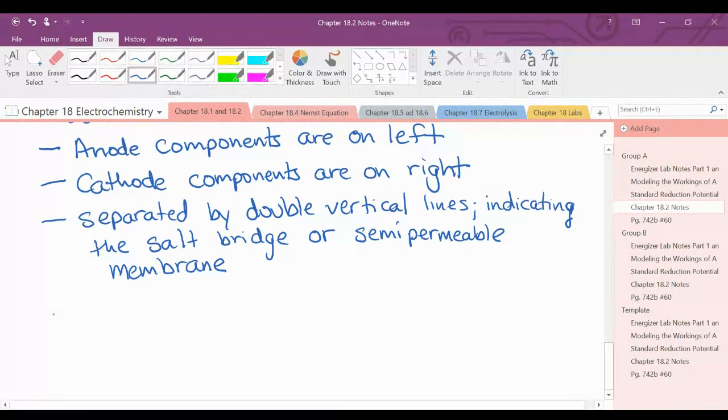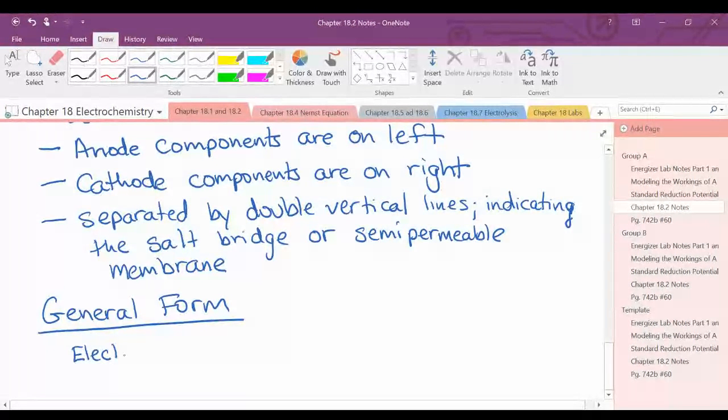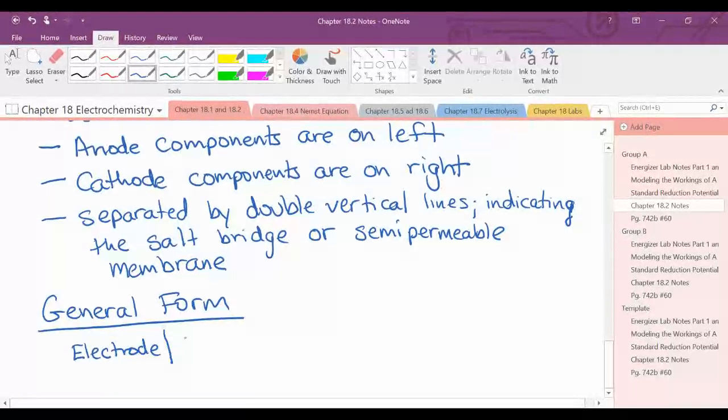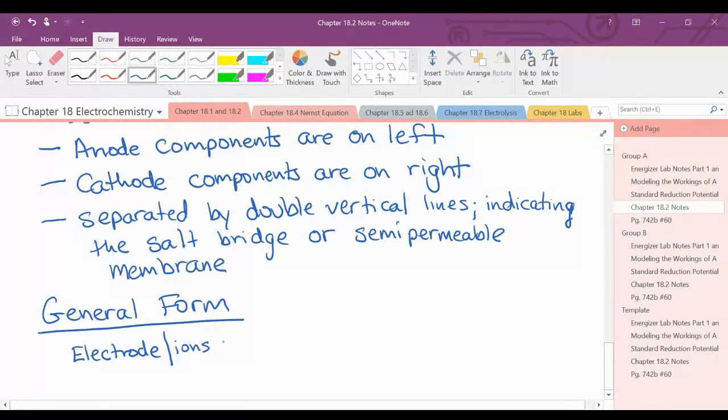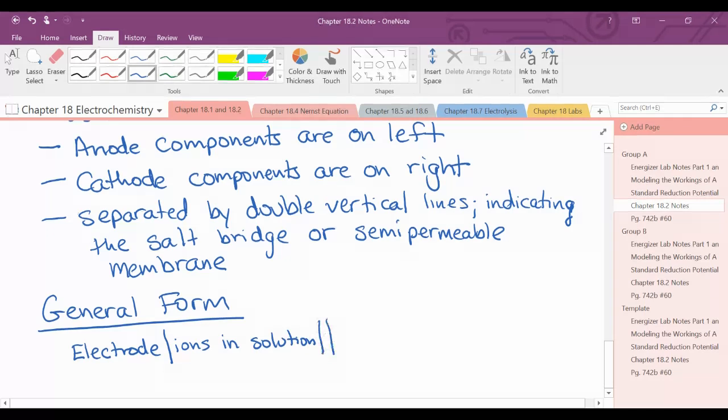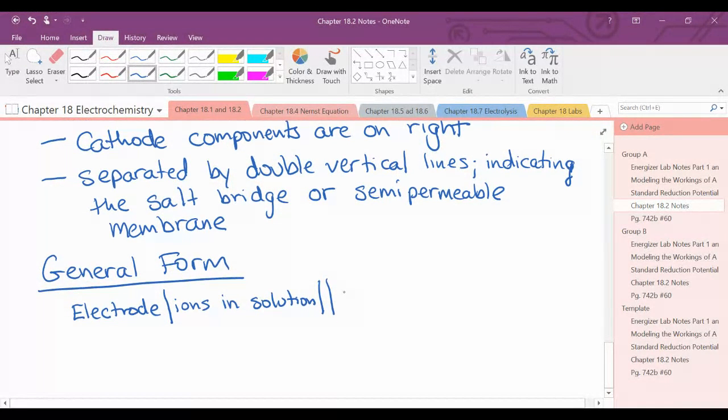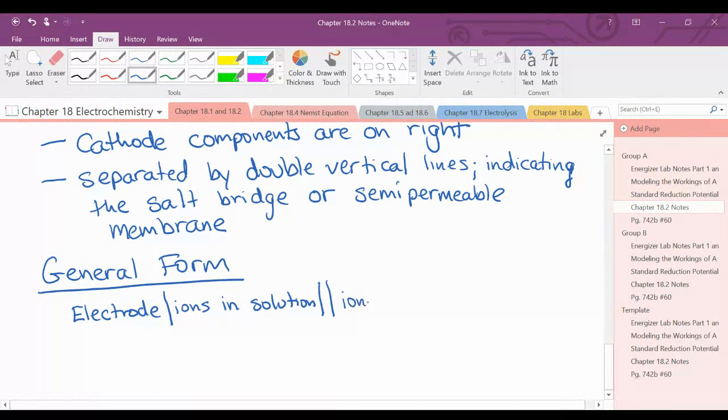And so the general form is the electrode, a single line, the ions in solution, double line to represent the semi-permeable membrane or salt bridge, ions in solution, electrode.